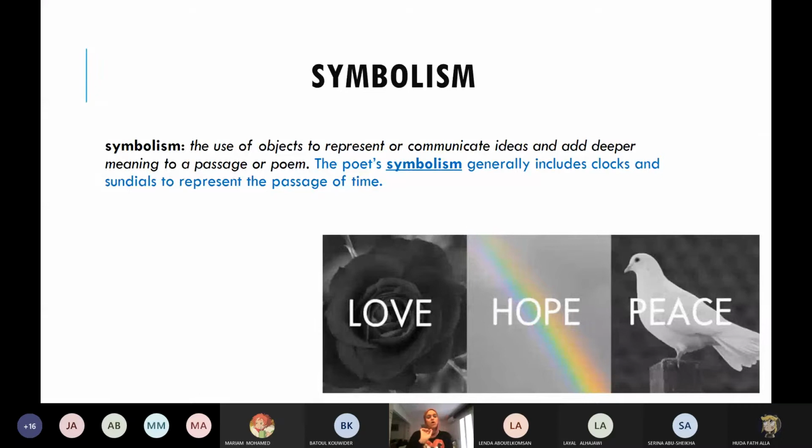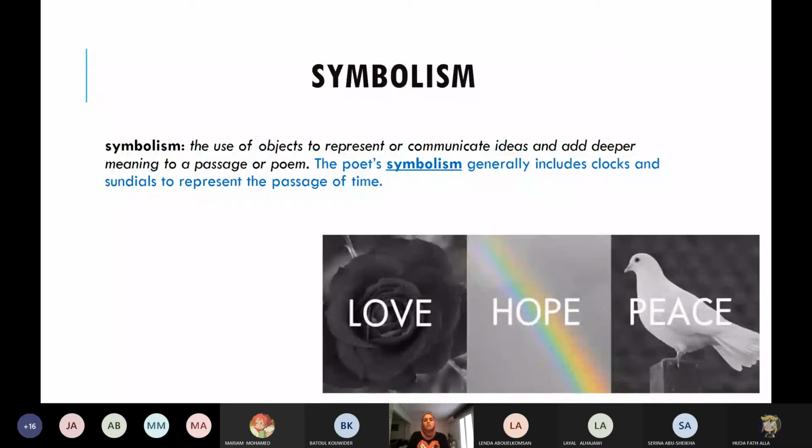Symbolism is the use of objects to represent or communicate ideas and add deeper meanings to a passage or a poem. The symbolism is behind the object, the idea.